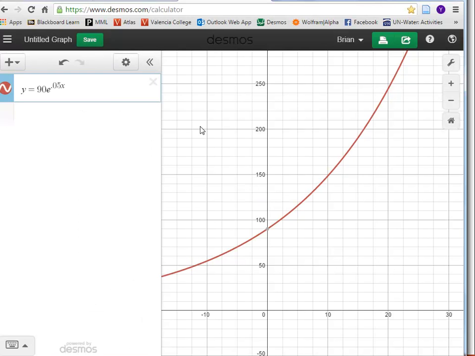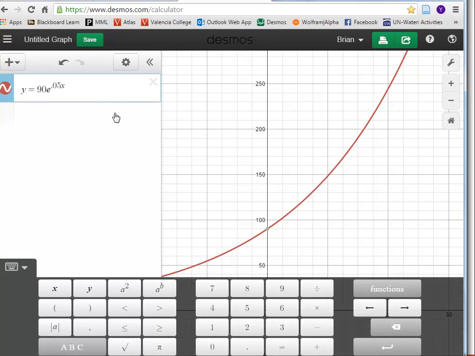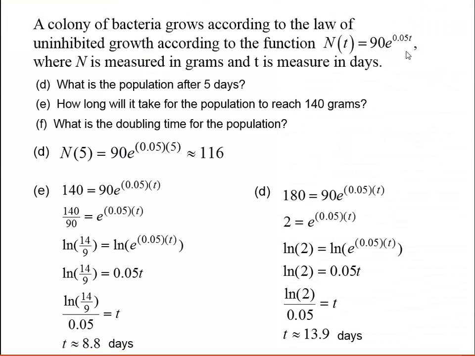So just for illustration here, I brought up Desmos and I typed in y equals 90e to the 0.05x. Remember, that is my equation, 90e to the 0.05t, but I'm going to use y's and x's in my calculators. And let's check this one. So I want the y value to be 180, and I know that's going to be about 13.9 days. So I'm going to graph y equals 180 on my calculator.